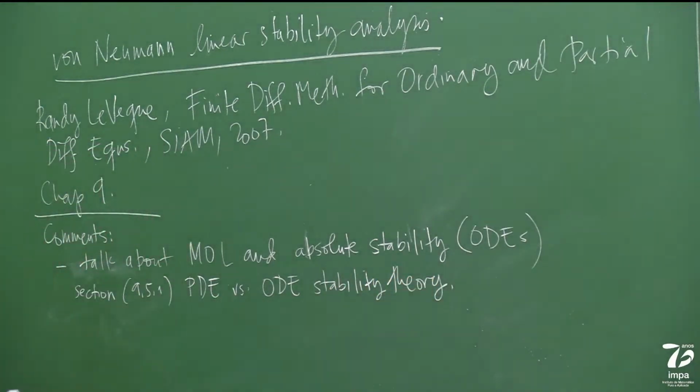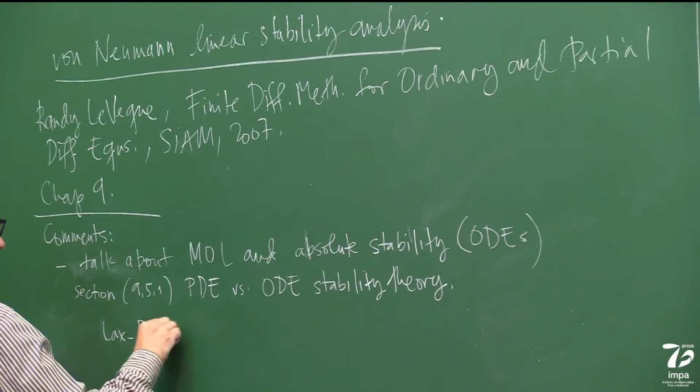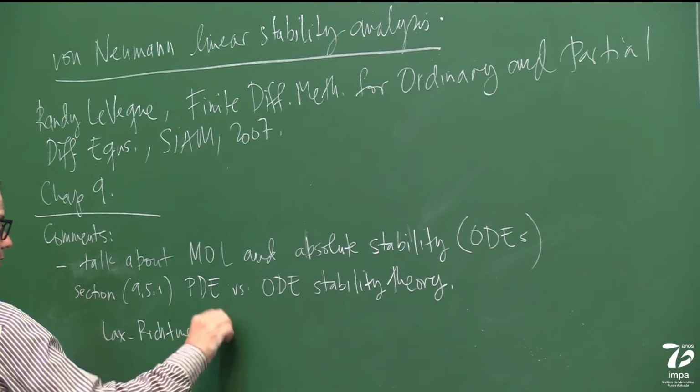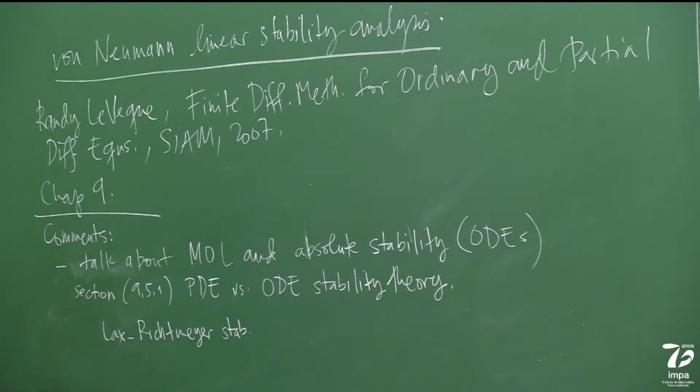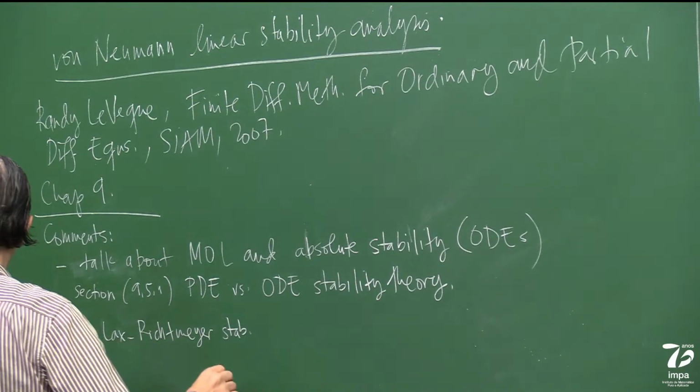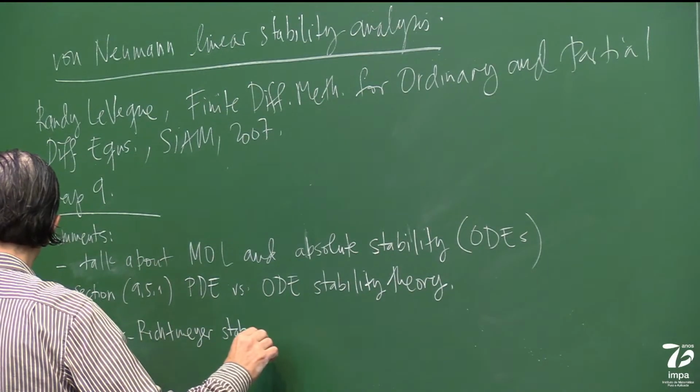So he does a bit of a discussion between PDE versus ODE stability. So when we looked at PDE, he mentions what's also called the Lax-Richtmyer stability, which is the following.